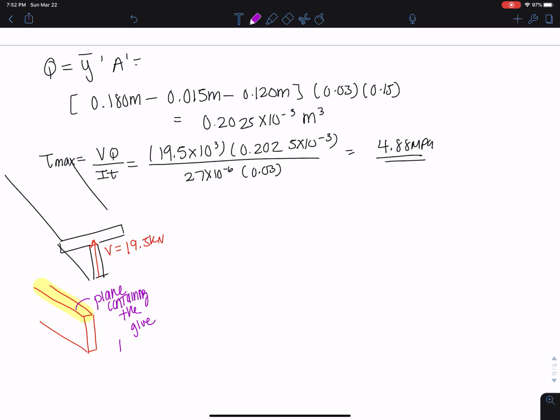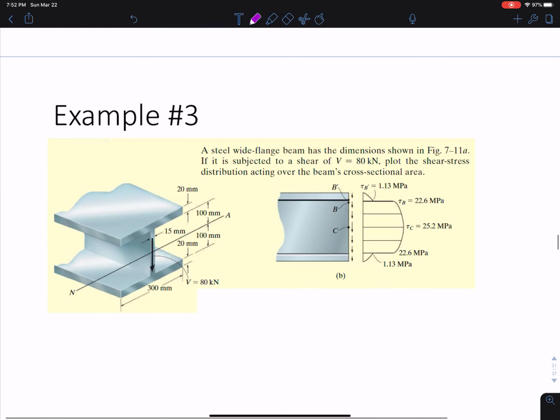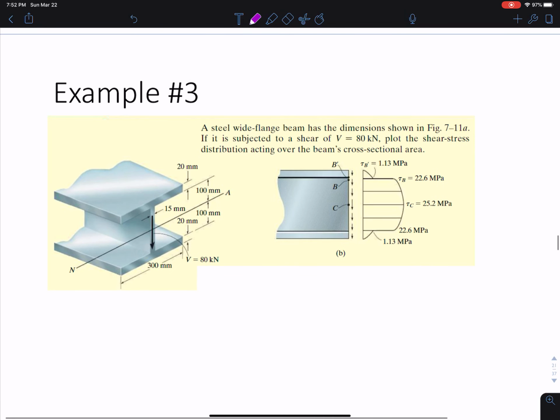And this is that 4.88 megapascals. Okay, so we'll stop here with this video and we'll continue next time with example 3 and some more information about shear.